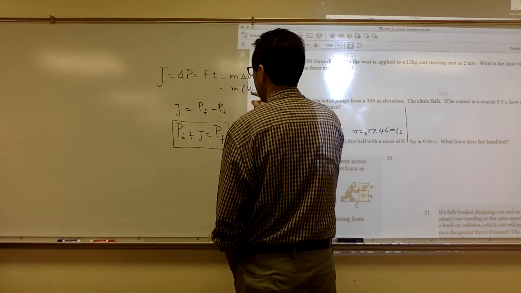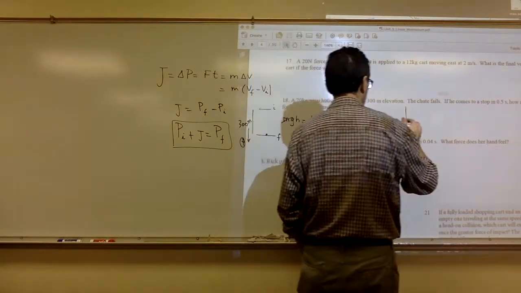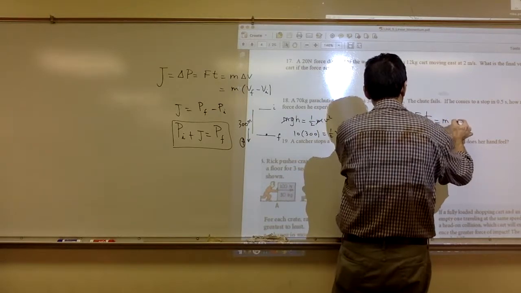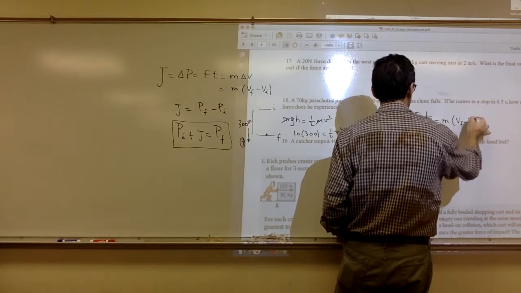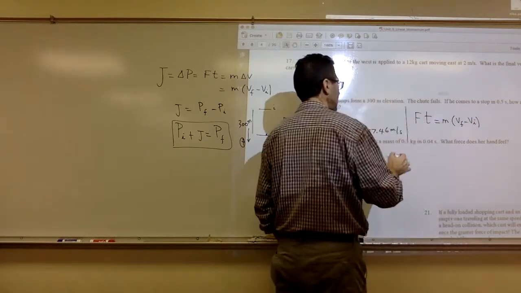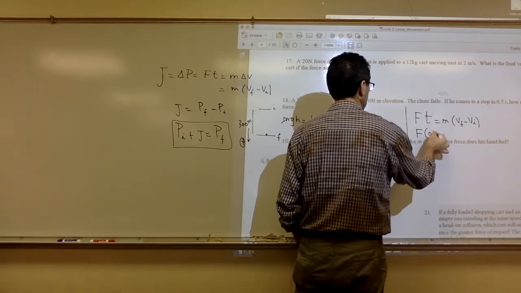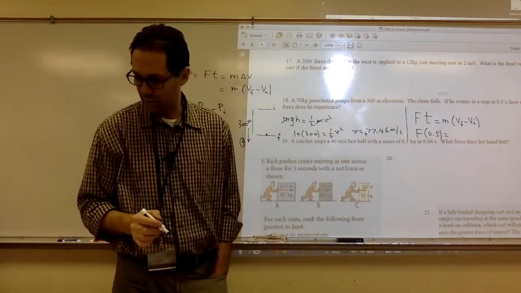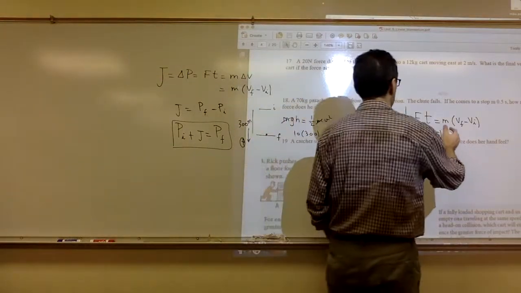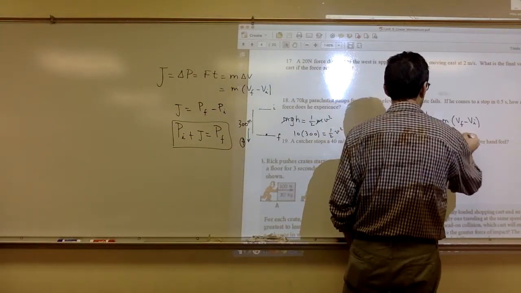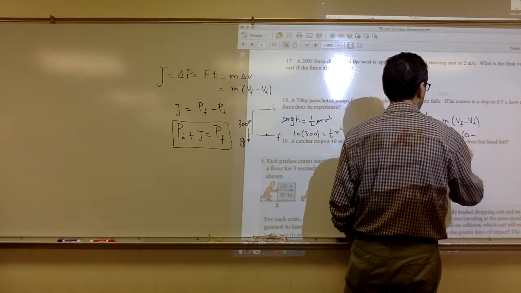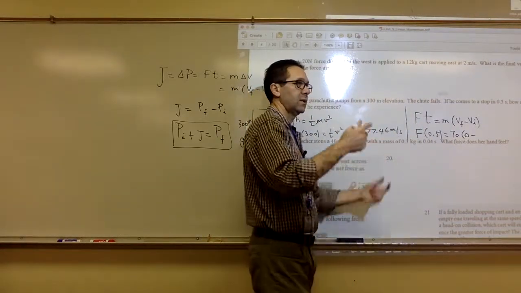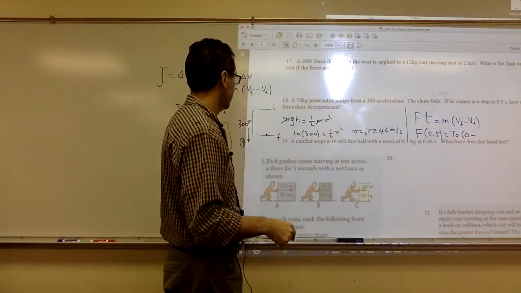So now let's do the impulse momentum theorem when they hit the ground. So it's Ft equals m delta v, or final velocity minus initial velocity. So we're looking for the force. It takes half a second to go from 77.46 meters per second to rest, equals the mass of the person, which is 70 kilograms, times their final velocity, which is 0, minus their initial velocity, which is basically the final velocity of that free fall.